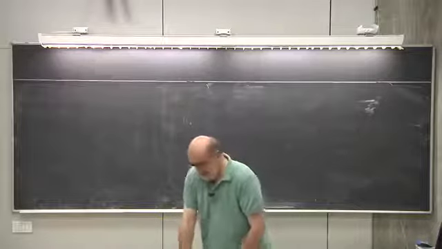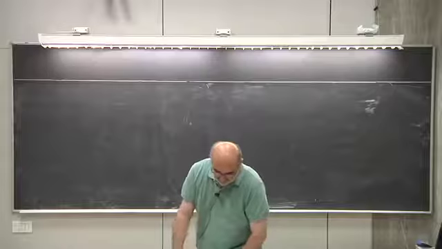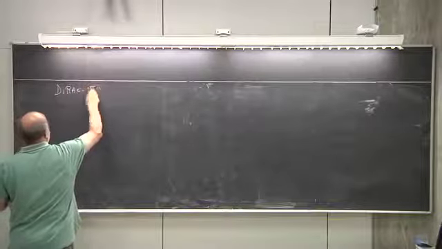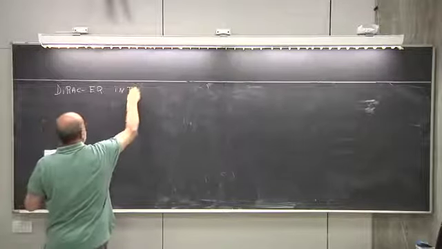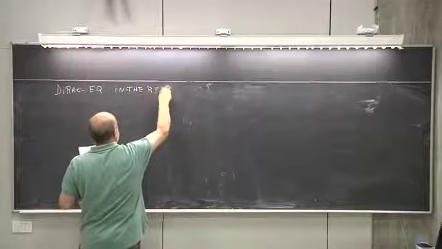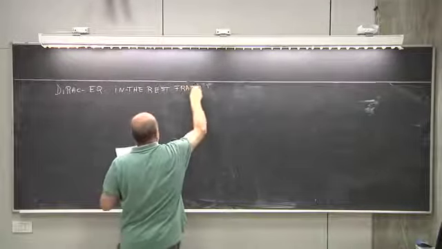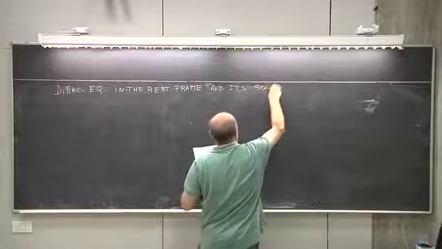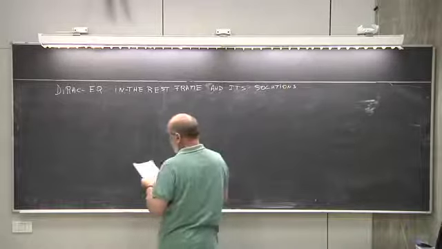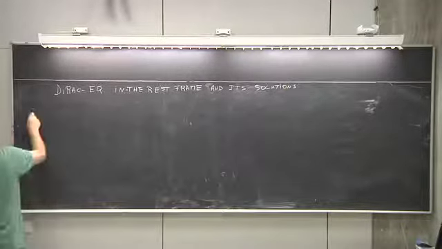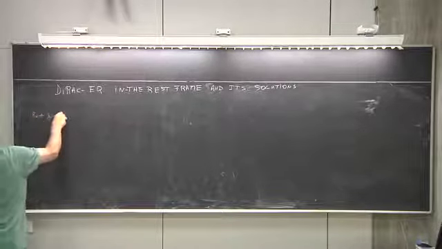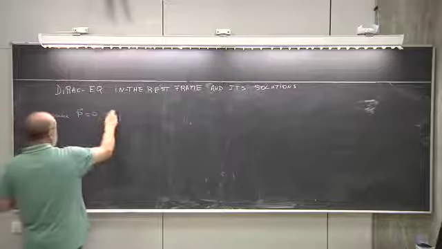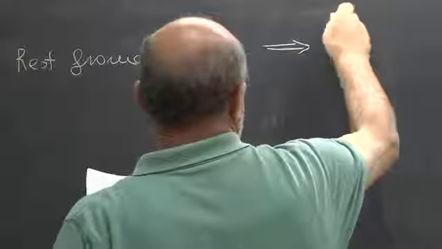So basically this chapter is called... okay, so rest frame means P equals 0, the vector P. But if we use the correspondence principle, it means the operator is 0.